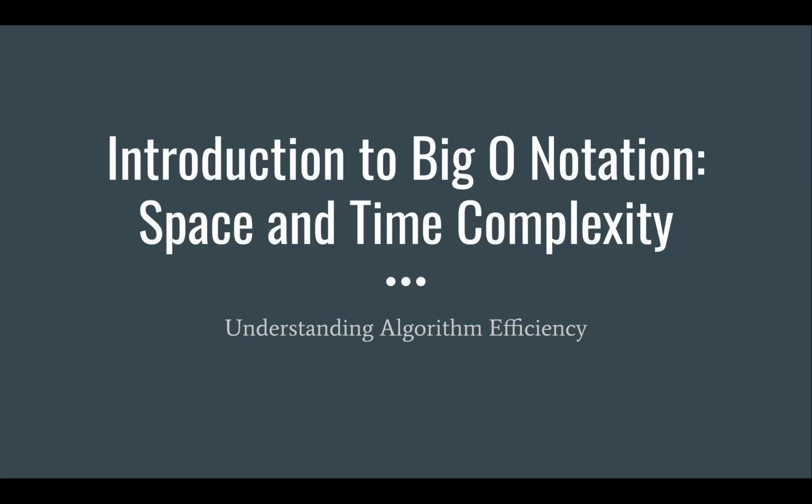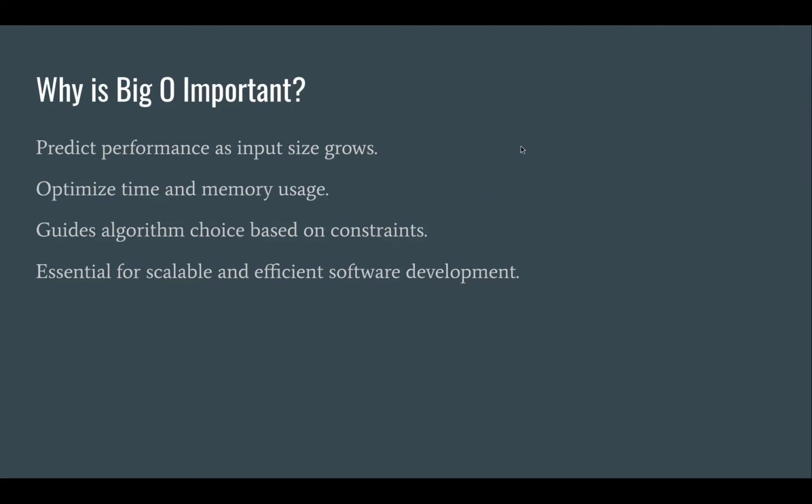Why is Big O important? Say you're working on a system that processes millions of data points. If your algorithm doesn't scale well, it could slow to a crawl or even crash as the data grows.